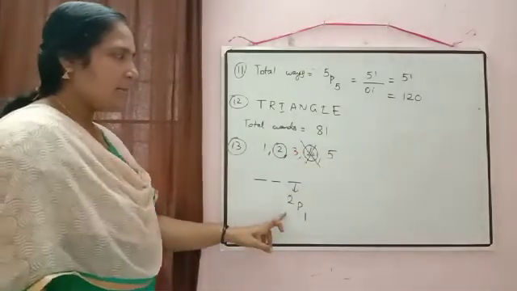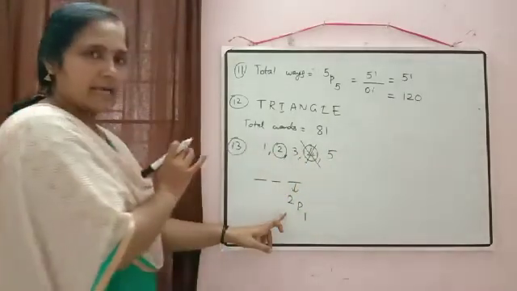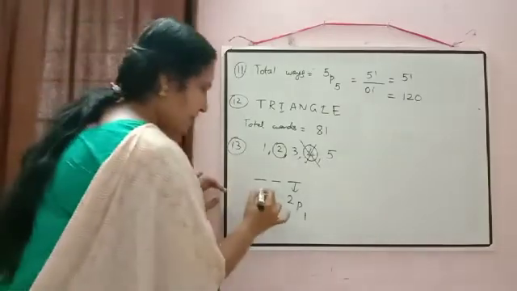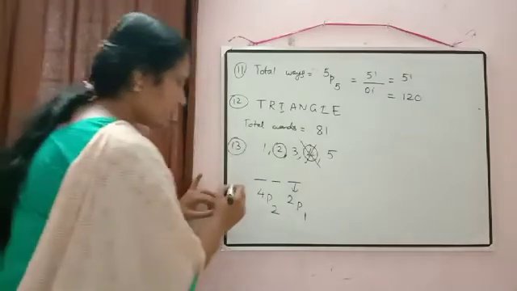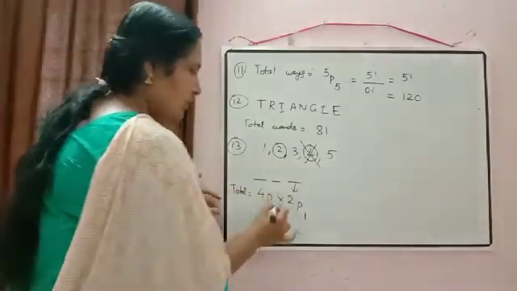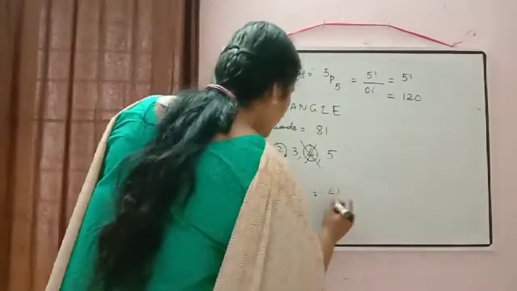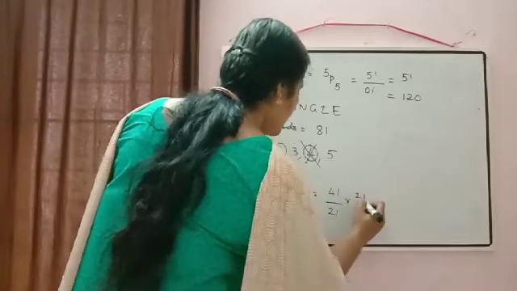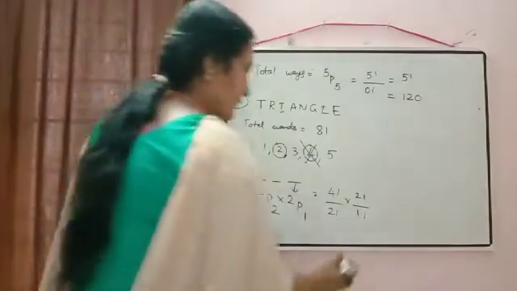Now how many numbers are remaining with us? 1, 2, 3, 4 numbers are remaining with us and we have 2 places to fill. So that can be done in 4P2 ways. So just write down there. Total is equal to 4P2 into 2P1. So 4P2 means that is 4 factorial by 2 factorial and 2P1 means that is 2 factorial by 2 minus 1 factorial, that is 1 factorial.